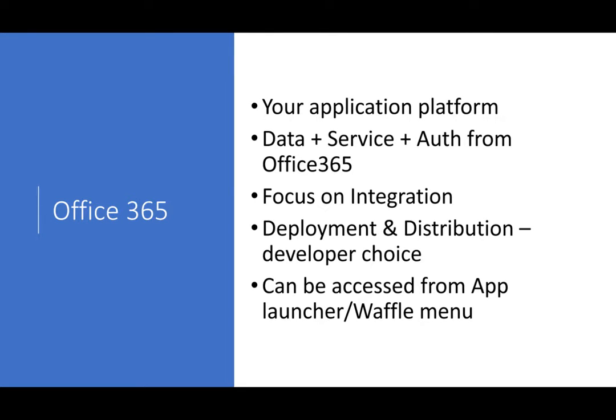Now, when we talk about the Office 365 applications, what I'm really targeting, the idea here is to give you an API channel, which is the Microsoft Graph API, which I will recommend, so that you can use your own preferred application model, application platform, and consume the data plus services from Office 365 using Microsoft Graph API.